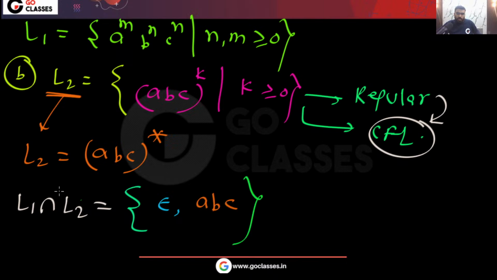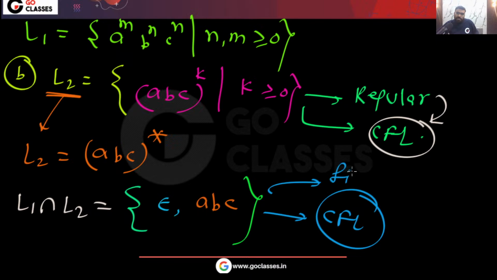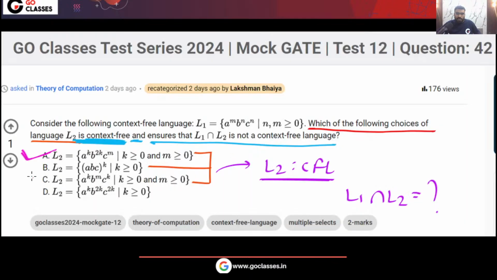Only two strings are common, that is empty string, comma ABC. Now this is actually CFL because this is finite. Every finite language is regular and every regular language is CFL. But we want L1 intersection L2 should be not CFL. So this is not the answer. Option B is not the answer.